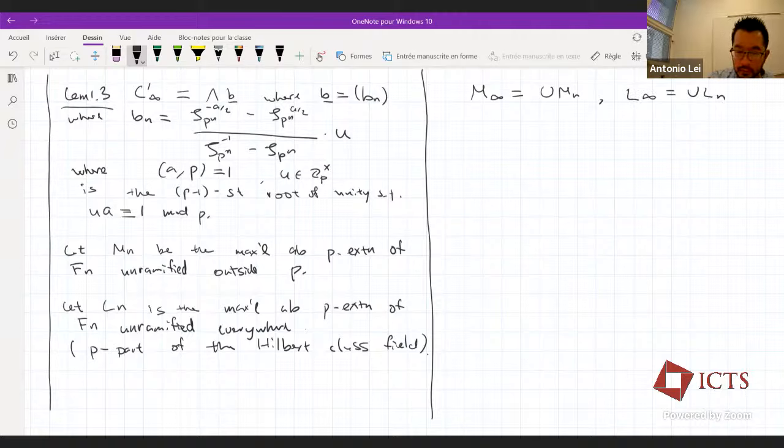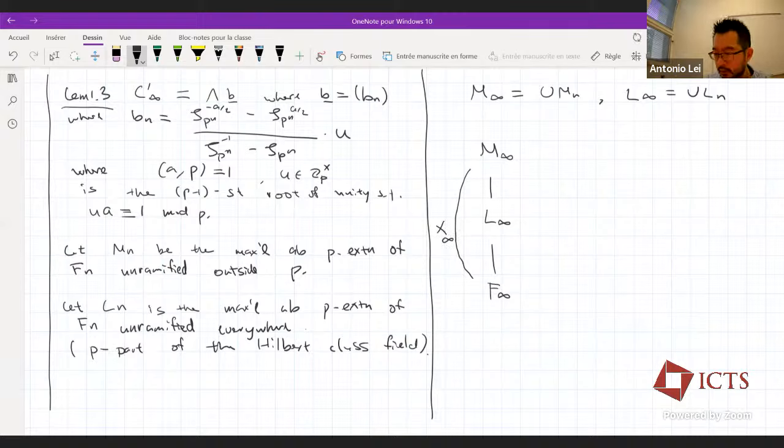So you have this diagram. You have M_infinity, L_infinity, F_infinity. The Galois group of this extension is X_infinity, and the Galois group of this extension is called Y_infinity. So Y_infinity is telling me information about the Hilbert class field.